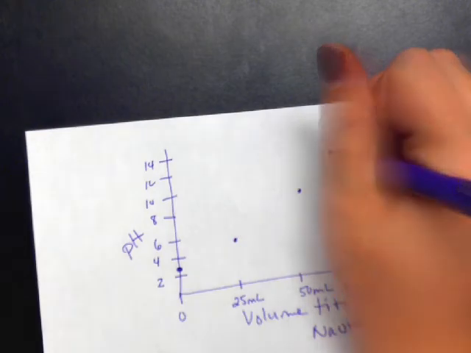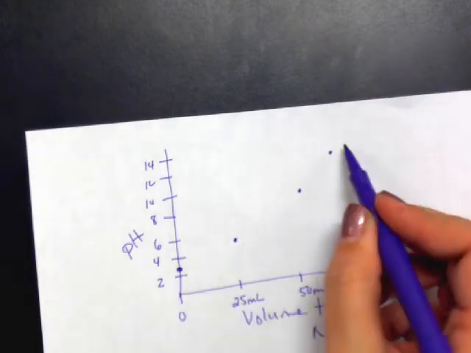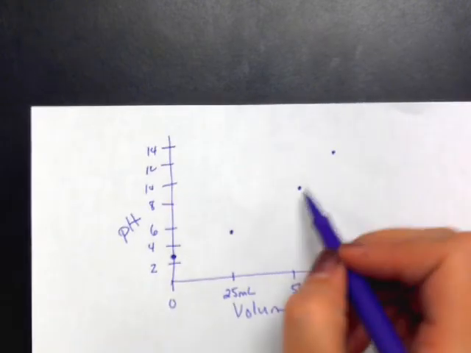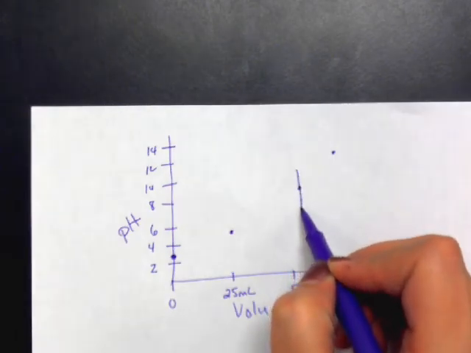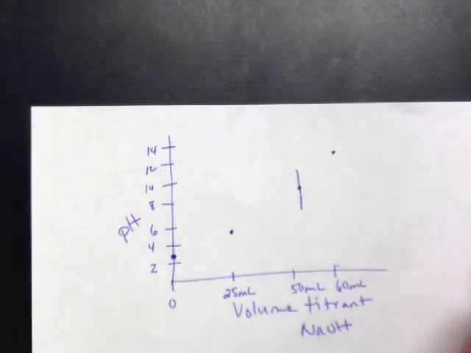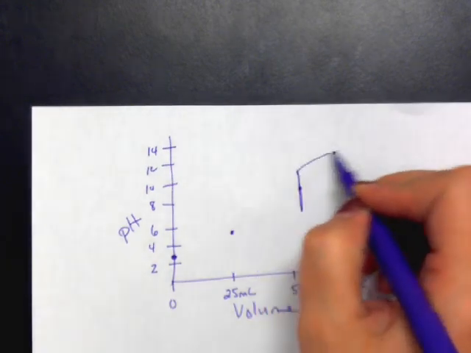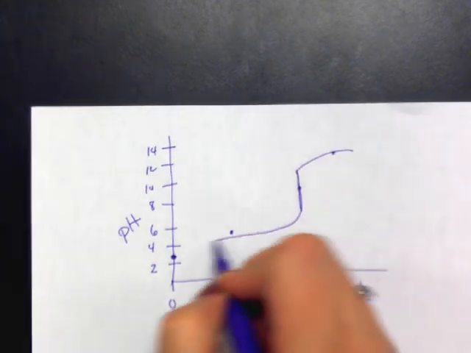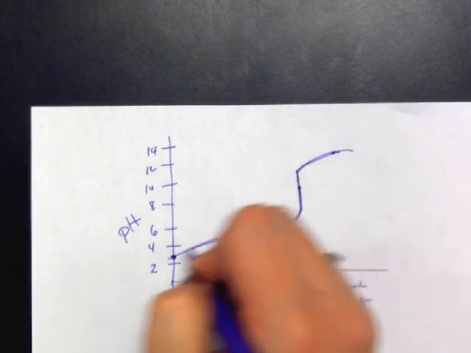So here. Now, this looks as though it would just kind of be a curve like this. Remember, it's a titration, so it's got this S curve. Remember, the equivalence point is halfway through that steep point. So I draw the steep point first, and then I curve it back. This is not a very good curve, but I curve it back.